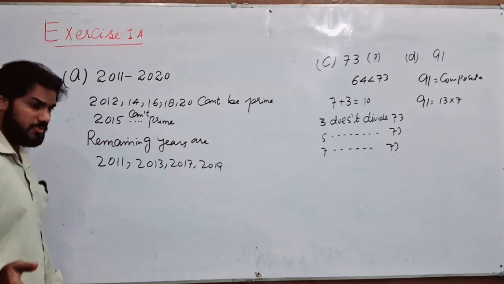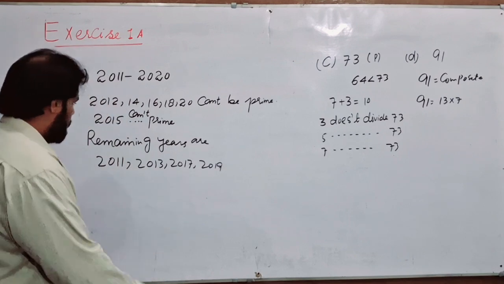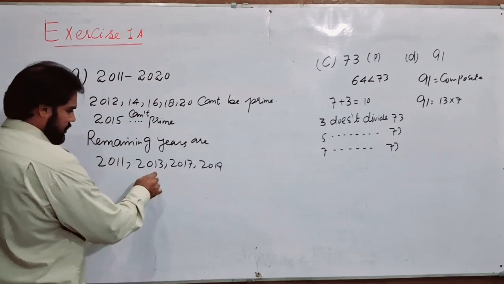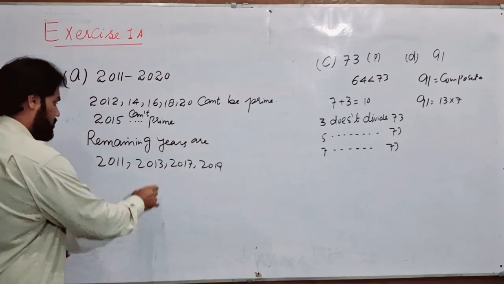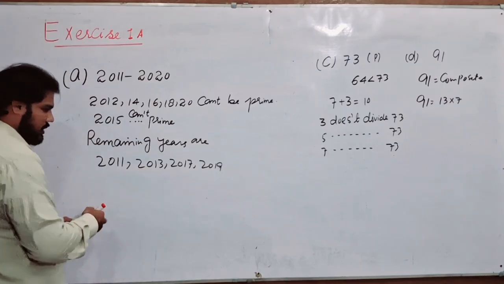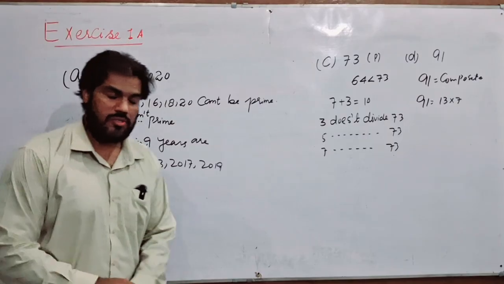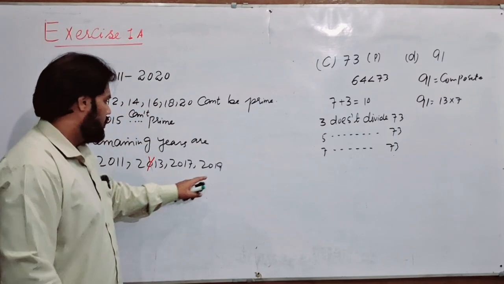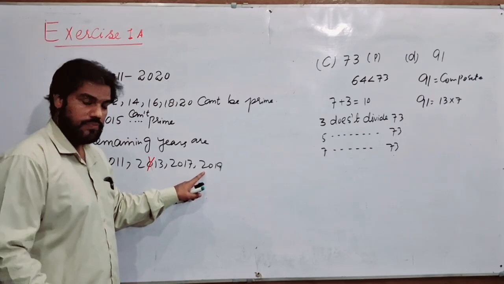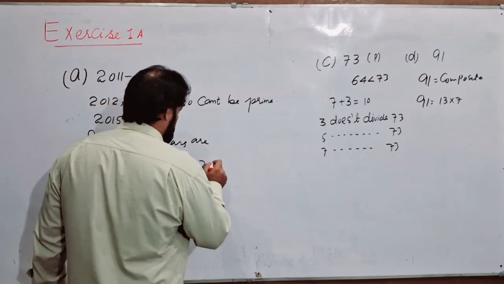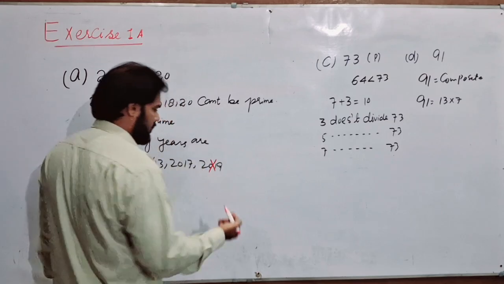The criteria of divisibility by 3 is very simple. Sum the digits. If you sum the digits here, 3 plus 1, 4, 4 plus 2, 6. 6 is divisible by 3. It means 3 divides this number. So cross out this number also. This is a composite number, simple. 9 plus 1, 10, 10 plus 2, 12. This is also a composite number because it is also divisible by 3.